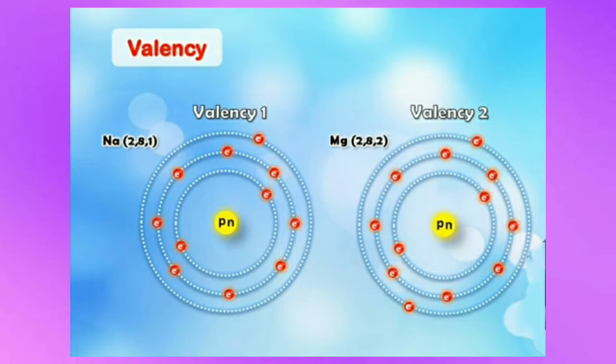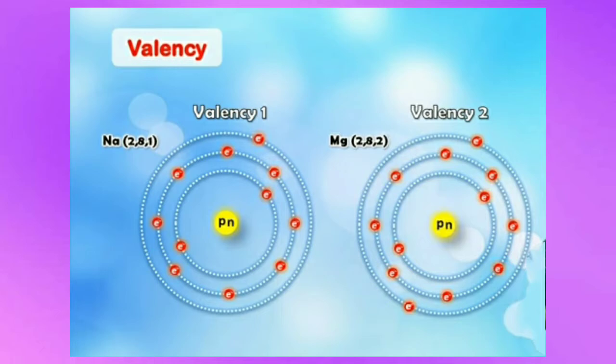Sodium, the electronic configuration is 2, 8, 1, right? And that of magnesium is 2, 8, 2, right? So what we can say here is the outermost shell has one electron, right?